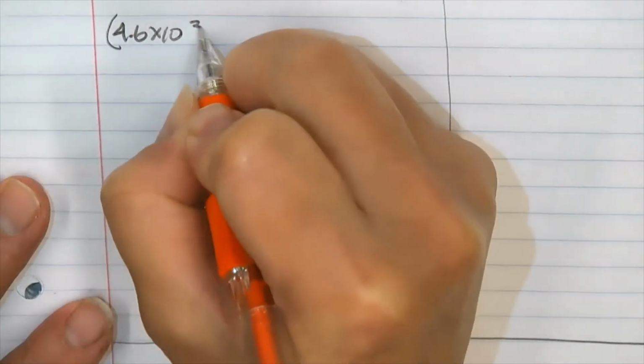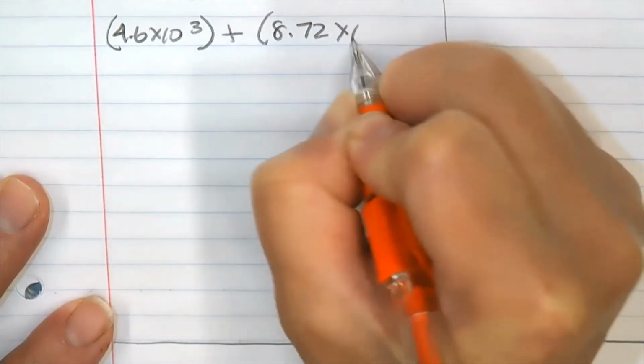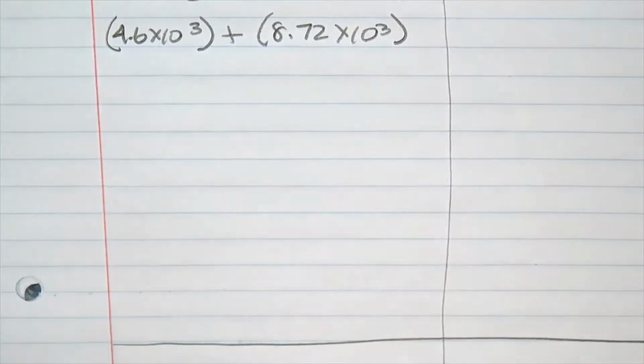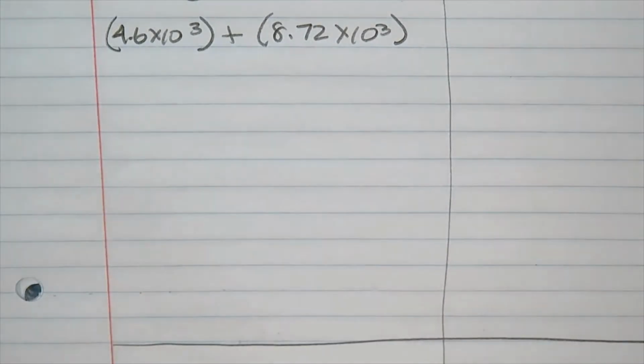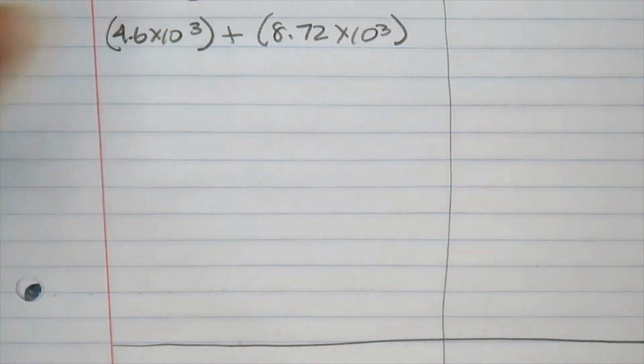So we have 4.6 times 10 to the third plus 8.72 times 10 to the third. So both of these numbers are written in scientific notation. Our first factor is between 1 and 10, and we have a power of 10.